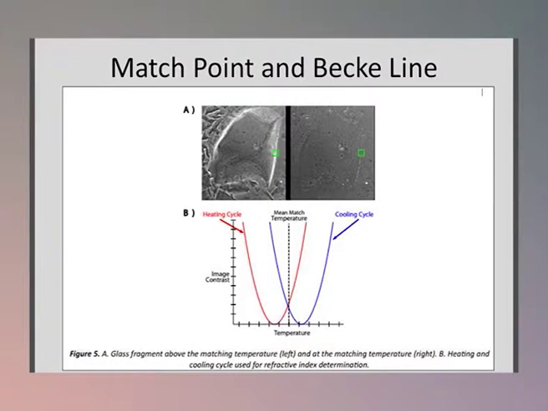This procedure is then repeated as the temperature is now raised through the match point. These values are then recorded as the match temperature on cooling and the match temperature on heating, which are then averaged to give the match point temperature of the given sample.